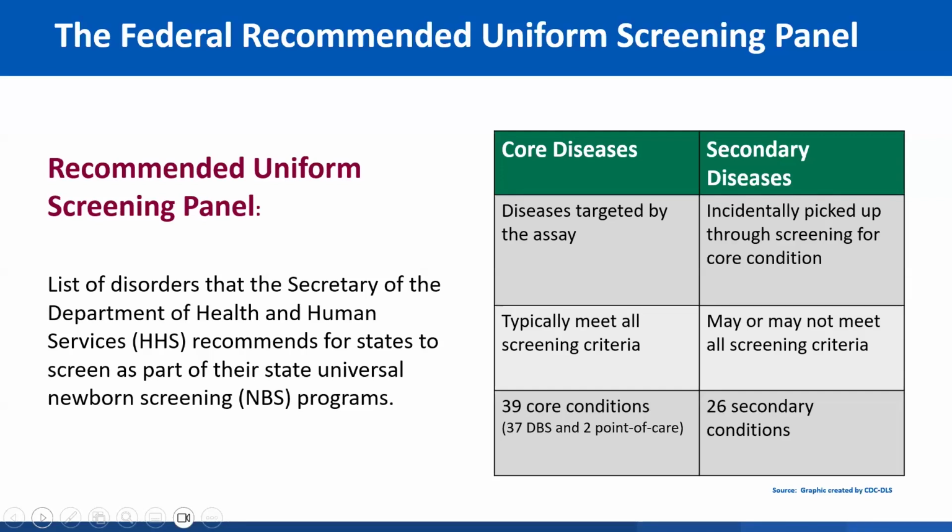These conditions typically meet all of the screening criteria. And as of today, there are 38 core conditions on the RUSP, 36 of which are screened for by dried blood spot specimens, and 2 are point of care. It's worth mentioning that Krabbe disease was the most recent addition earlier in July.